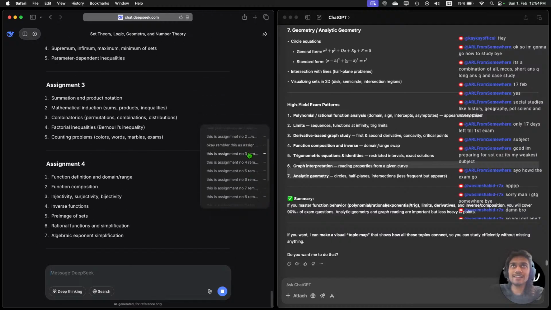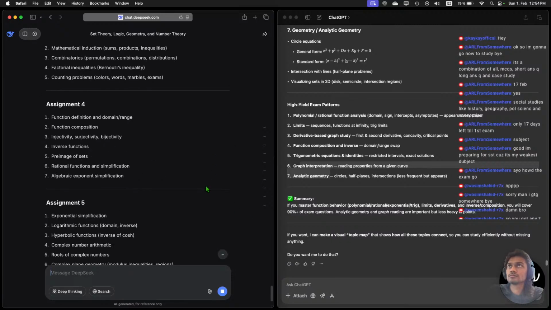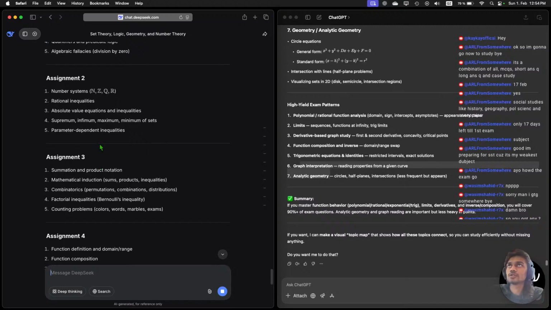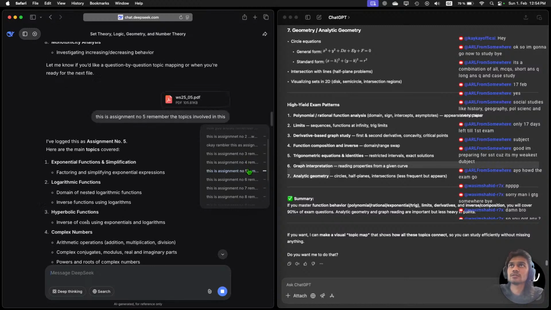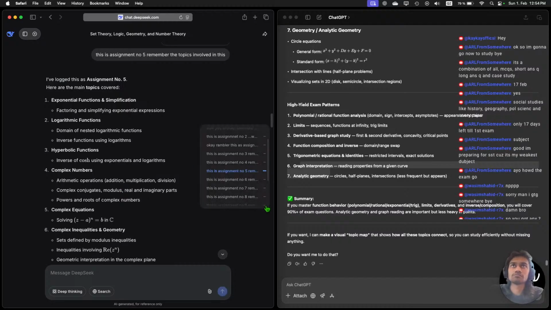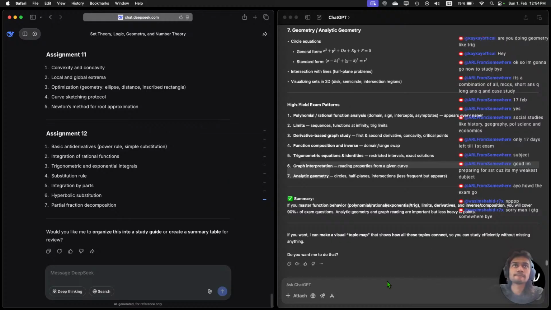They did it. Number system, rational inequalities, exponential simplification. Is it right though? Five, exponential simplification. Okay, it's correct. Got him. Okay.